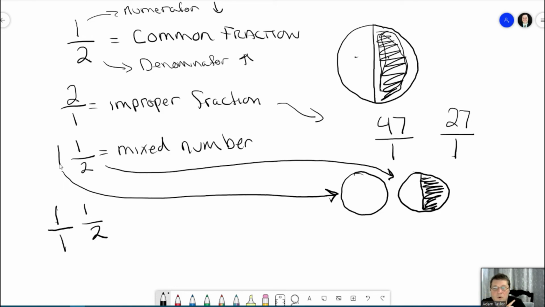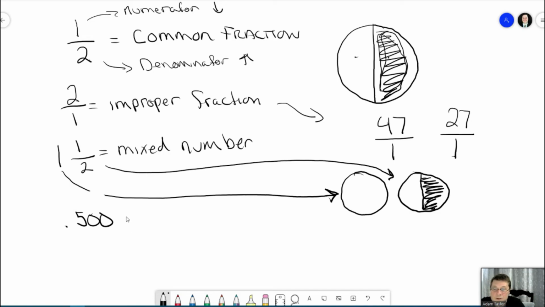Just always remember whole numbers are written over a 1. Now I'm not going to expect you to do that for our questions. That'll get you confused until we get to ratios and proportions, but I just want you to be aware of that. So these are the three types of fractions we're going to be talking about, other than what we've already touched on, 0.500.